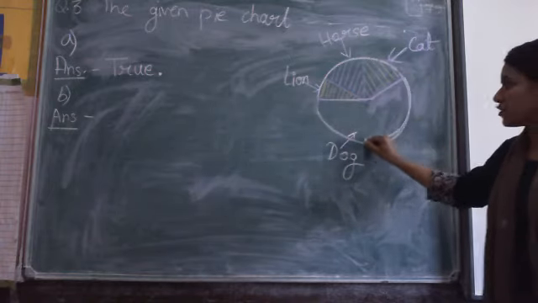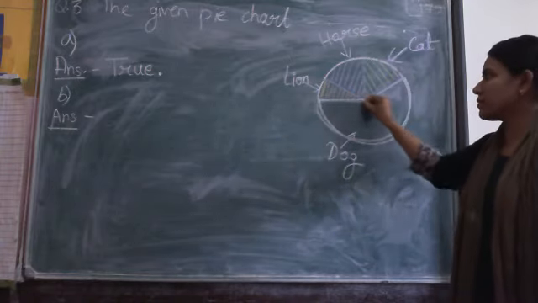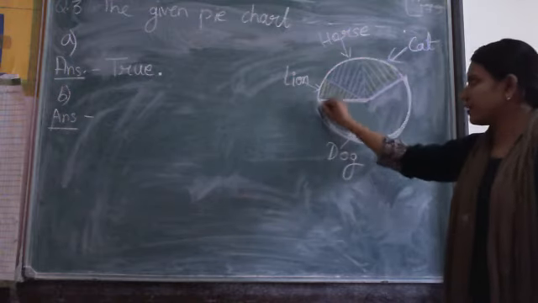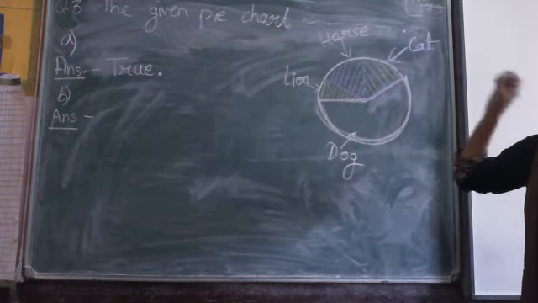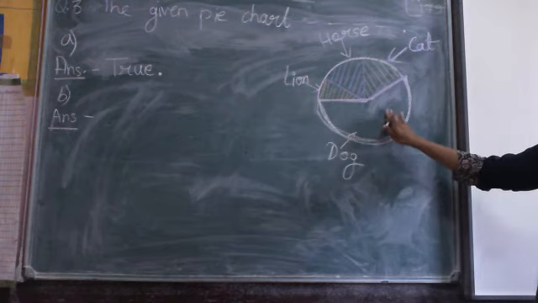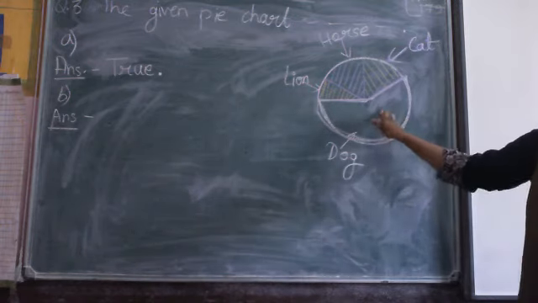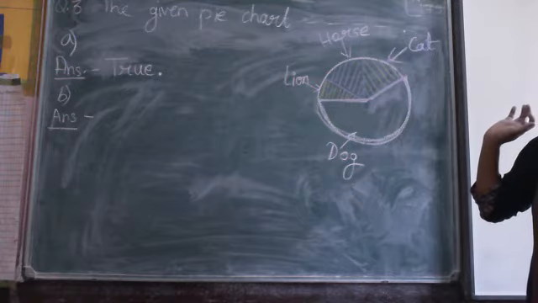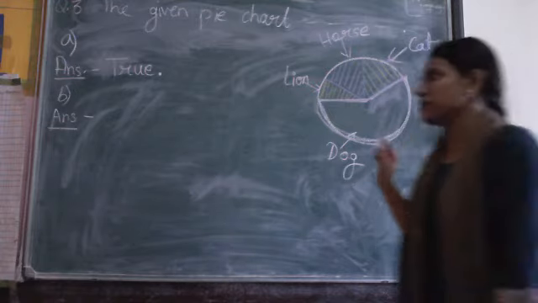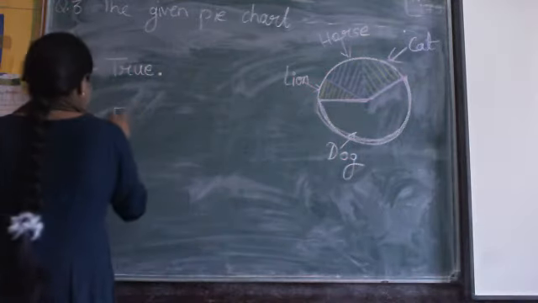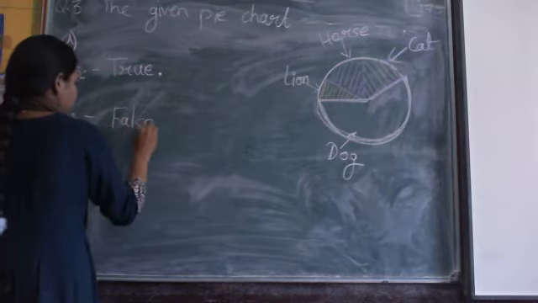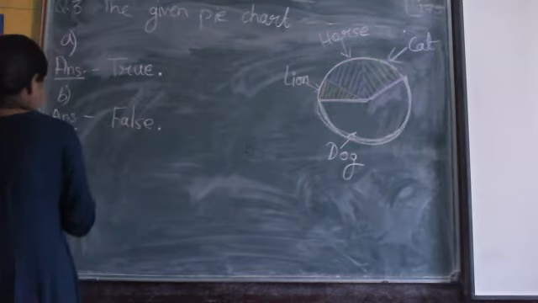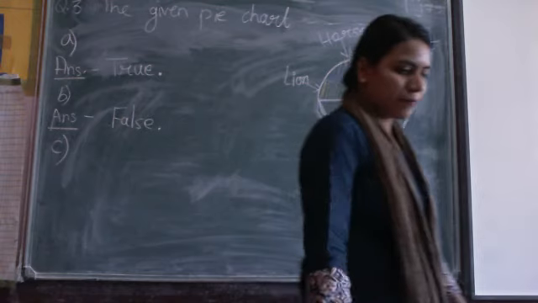This much part is representing dogs. Right? Means children like dogs more. So our question is, horse is the favorite animal of most of the children. So it is false. Horse is not.